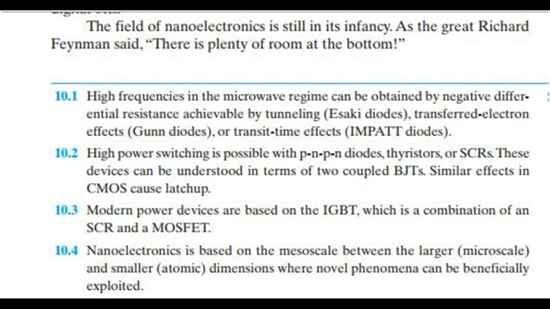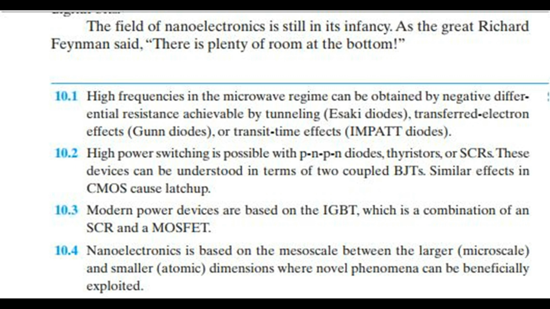Summary: 10.1 High frequencies in the microwave regime can be obtained by negative differential resistance achievable by tunneling, Esaki diodes, transferred electron effects, Gunn diodes, or transit time effects, IMPATT diodes. 10.2 High power switching is possible with PNPN diodes, thyristors, or SCRs.